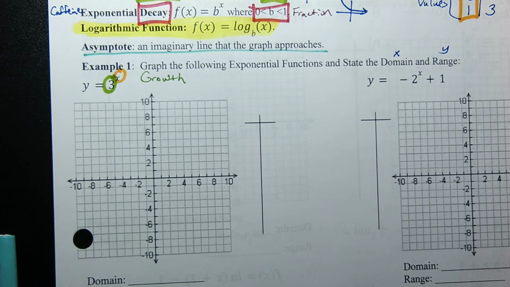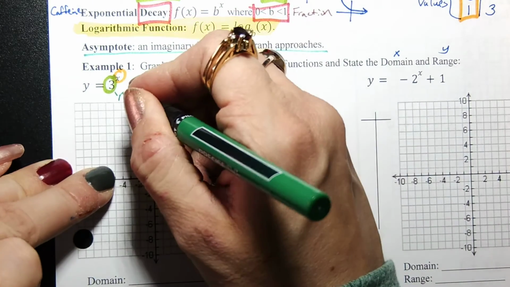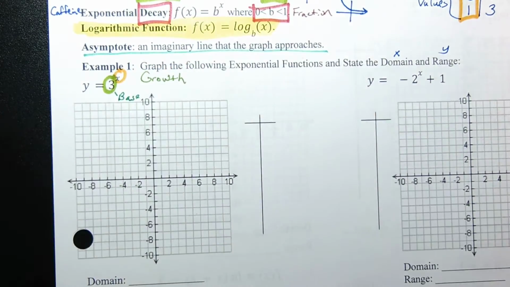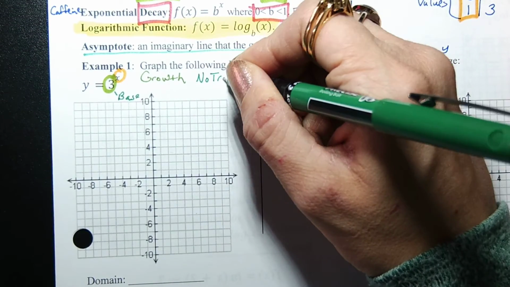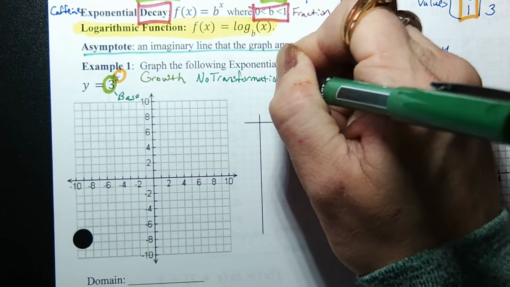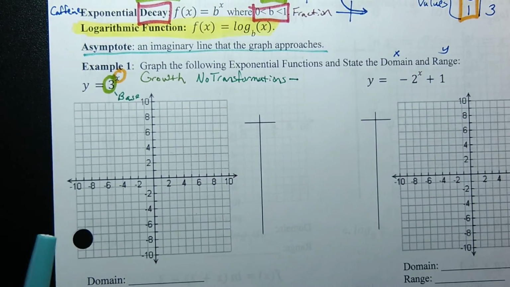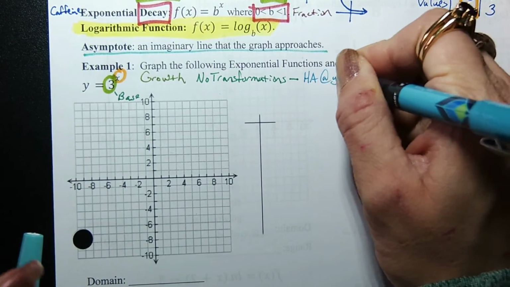Are there any transformations happening with this problem? If you look at that and go, is that 3 like a vertical stretch, or does it move it left or right? 3 is just the base. It does not do anything. So just put a note that says no transformations, which means our horizontal asymptote is going to be right at 0.